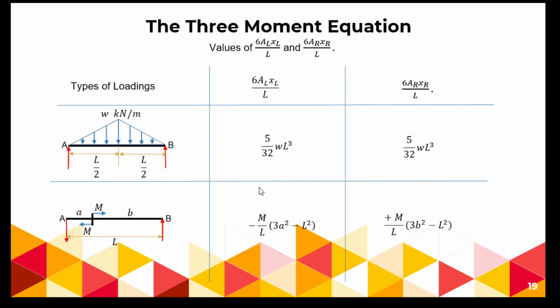Sa concept nga to, you consider the left span, and then, draw the M over EI diagram sa amunang left span. Kung sa right span naman, paano makuha ang factor? Same naman, you draw the M over EI diagram. Ang relationship ni conjugate beam kag ni real beam. So, it would give you this expression here. Mga ready na nga equation.